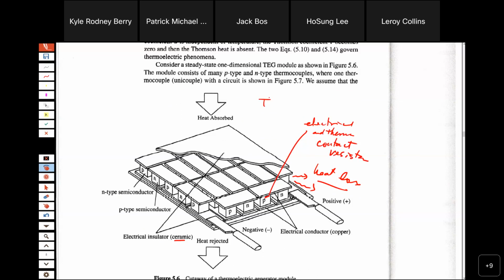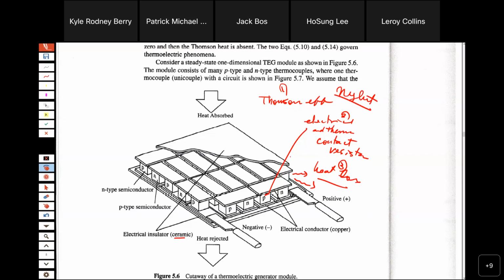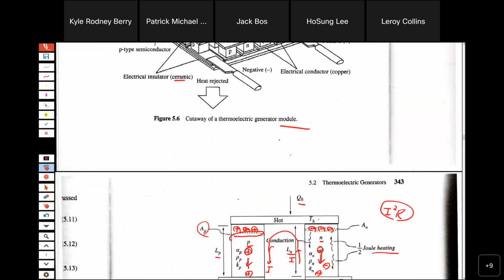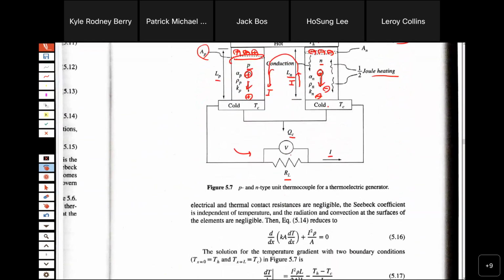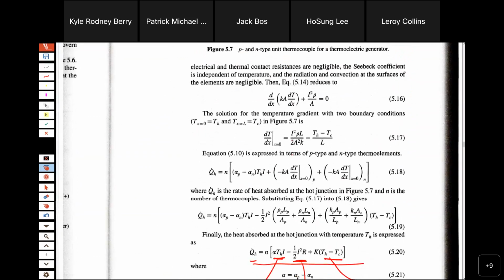So 1, 2, 3, neglect. We have a small amount, but we neglect it, and then ideal. This is the ideal equation. Otherwise, it's very complicated. We don't even know how much heat loss depends on the Seebeck.